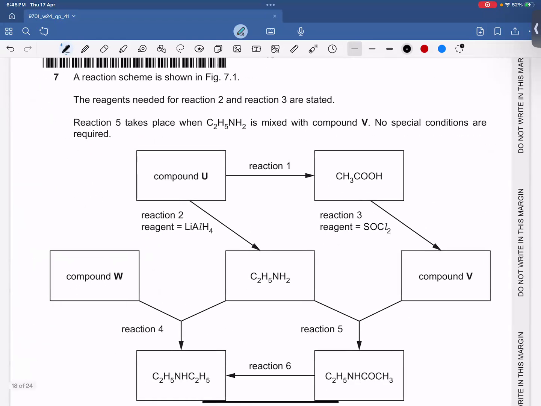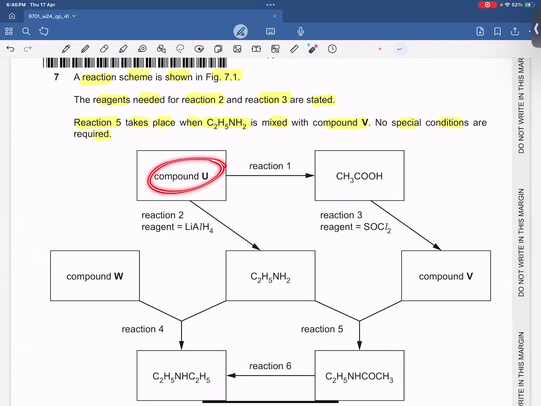Next question. A reaction scheme is shown in figure 7.1. The reagents needed for reaction 2 and reaction 3 are stated. Reaction 5 takes place when aminoethane is mixed with compound B. No special conditions are required. So compound U will turn to ethanoic acid, and this same compound when treated with lithium aluminum hydride gives you aminoethane.